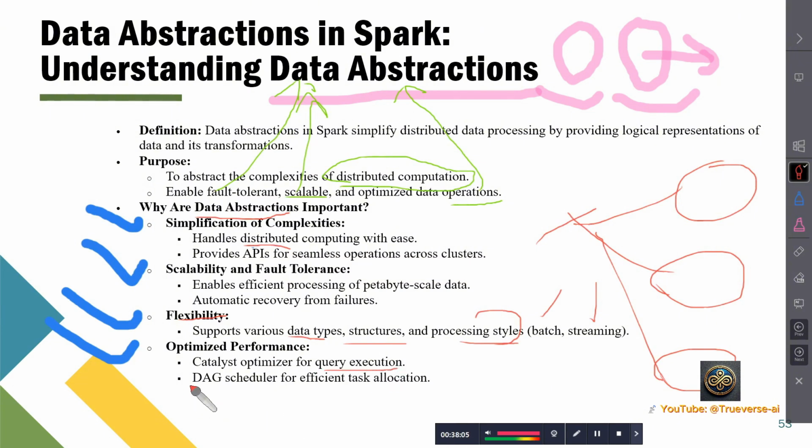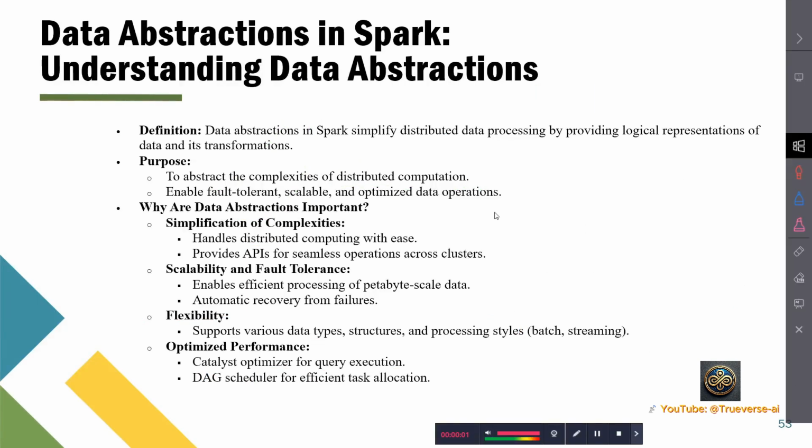Also, we will talk about the DAG later, which is important. It is like showing every step by a graph, but a one-directional graph, not cycle-based, because it is acyclic. We will explain later. So these are the points that come through data abstraction.